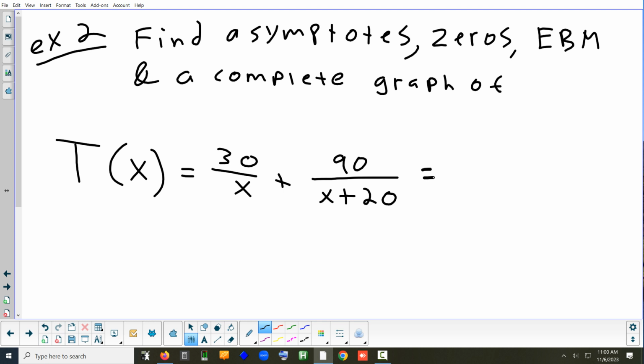It is going to be helpful to put those together in order to find the EBM, because the EBM is the highest degree term in the top divided by the bottom. But to put these together, what do I need to have if I want them together as one fraction? Right, and the easiest way is to just multiply the two denominators together.